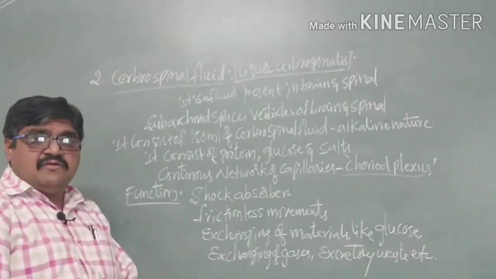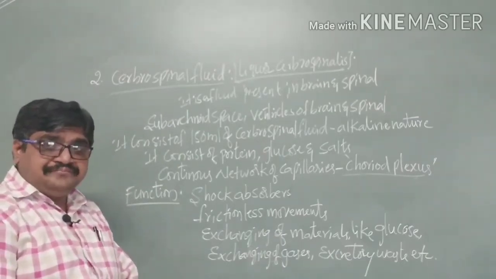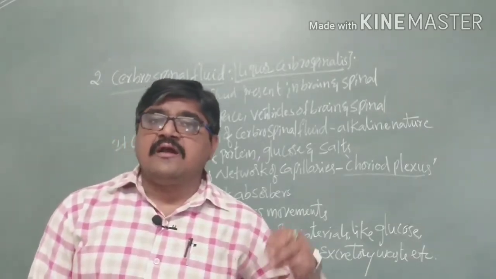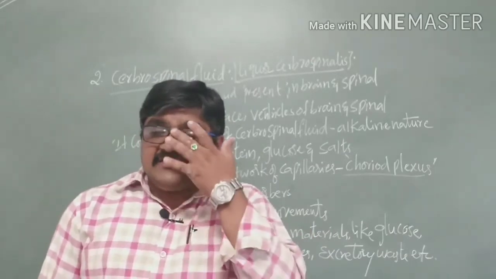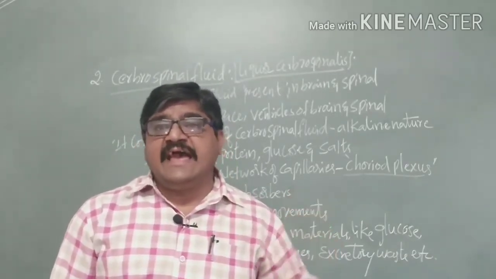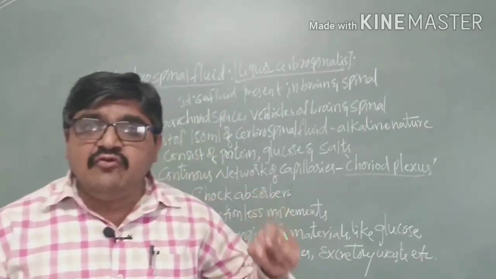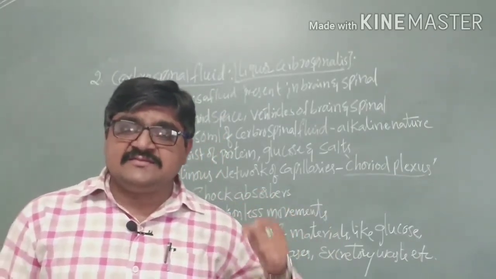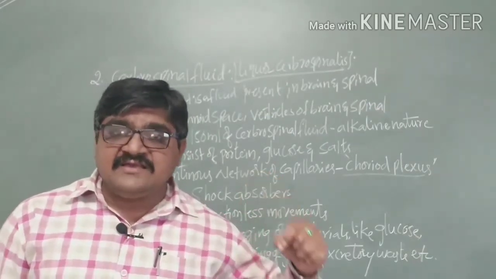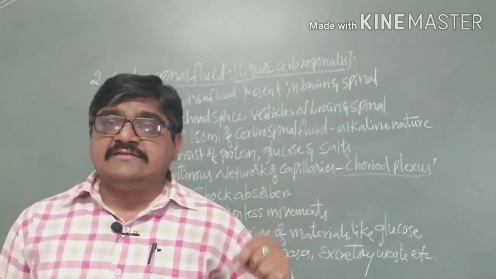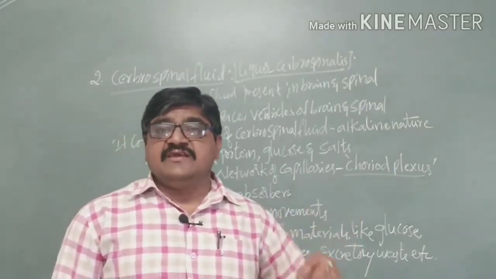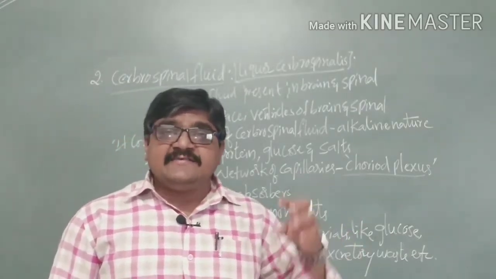It consists of 150 ml of cerebrospinal fluid, which is alkaline in nature, and it is also called liquor cerebrospinalis. It is a fluid-like substance present between the brain and the spinal cord, in the ventricles of the brain and the spinal cord, and also in the subarachnoid spaces.